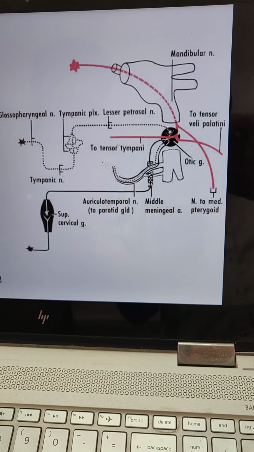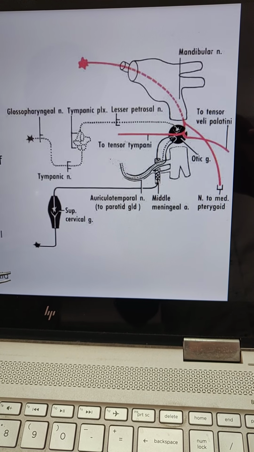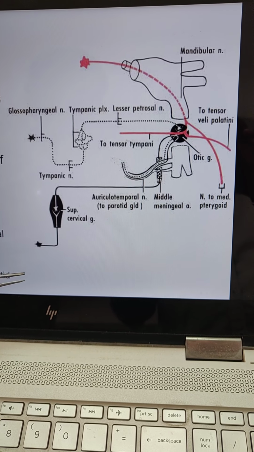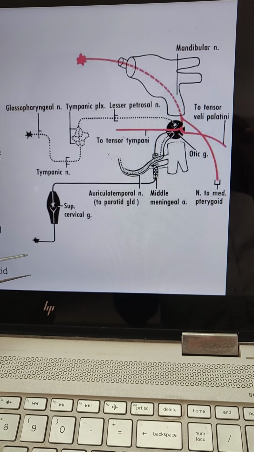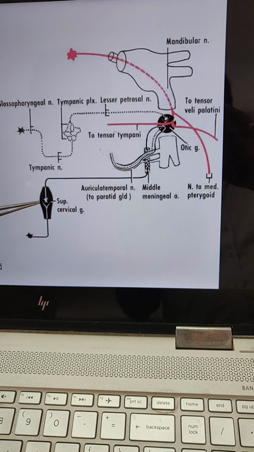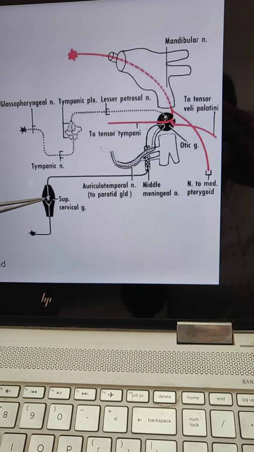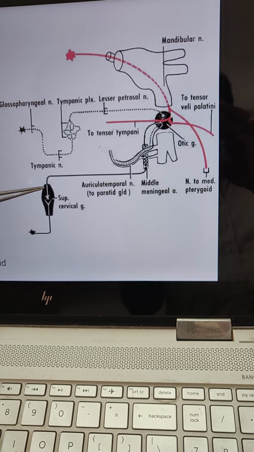The sympathetic supply is derived from the plexus around the external carotid artery, which is formed by the postganglionic fibers coming from the superior cervical sympathetic ganglion.